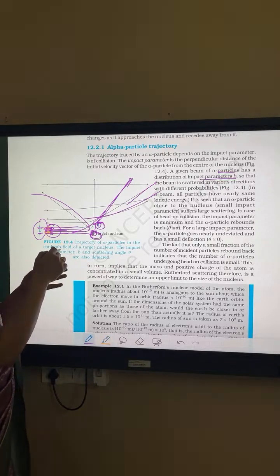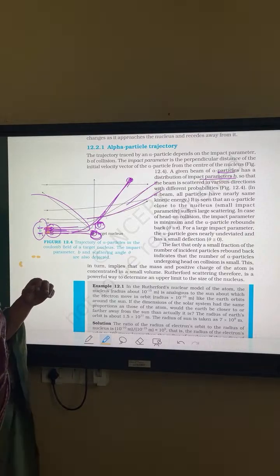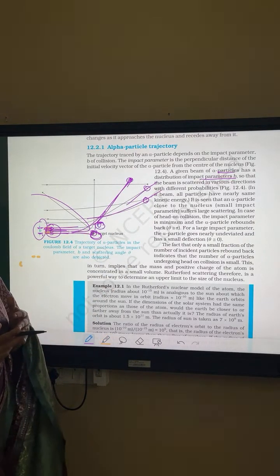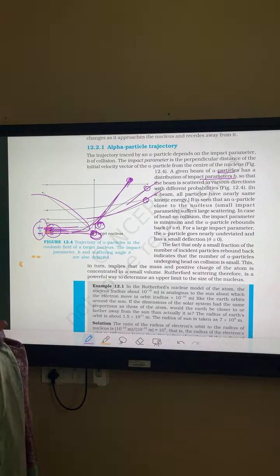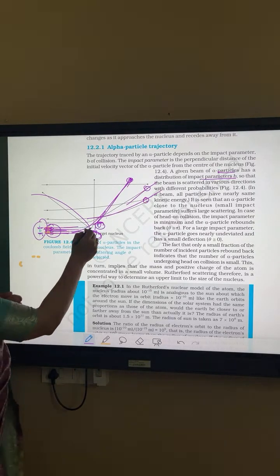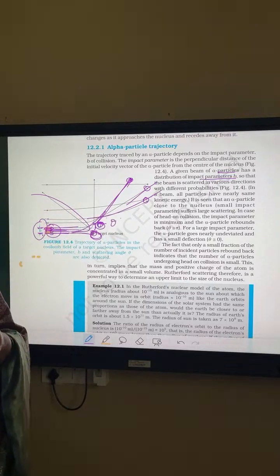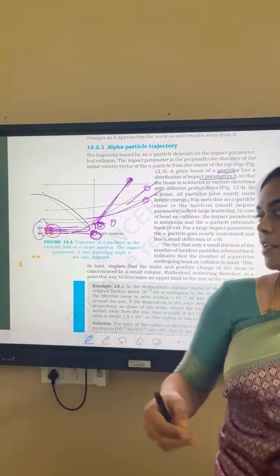You will find the first alpha particle here, the second alpha particle here, the third alpha likewise. Each and every alpha particle has its own direction. It is randomly deflected. Some angle theta it is forming. So they are saying different probabilities exist. Okay? Understood?